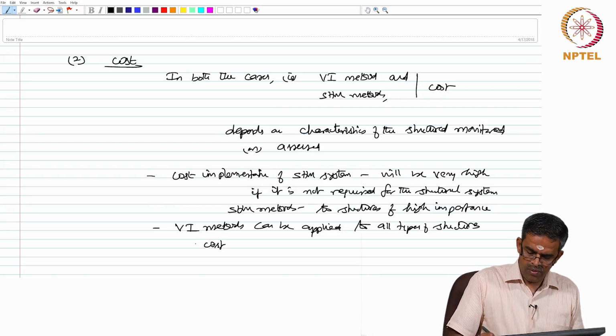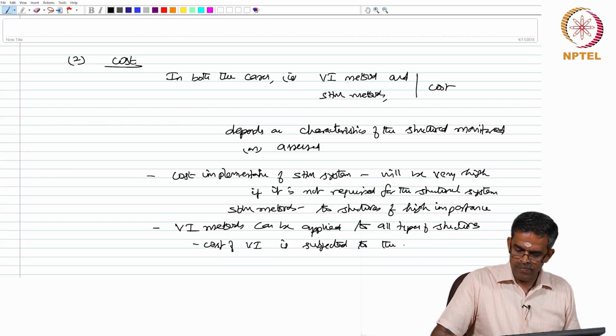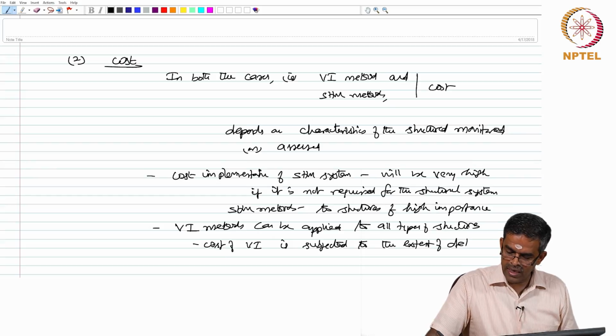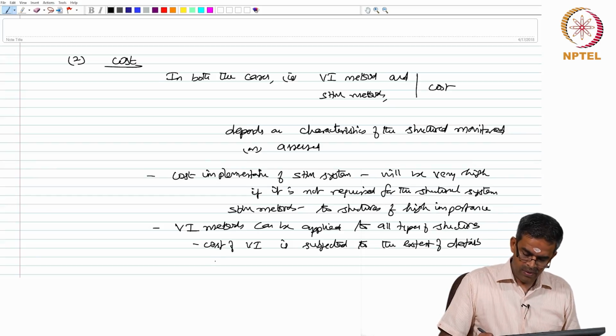Cost of visual inspection is subjected to the extent of details required from the visual inspection.